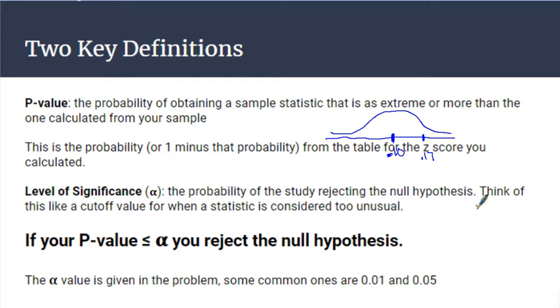So our p-value is going to be 17% or higher because we always want to be moving away from the mean. So when we find the probability, just like we did in Unit 5, because it's the more than probability, I'm going to do 1 minus the number from the table.